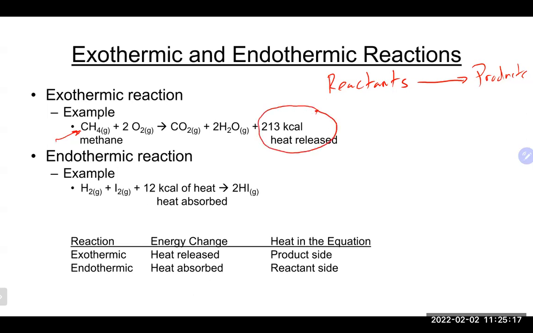213 kilocalories released. More importantly, when we look at an equation, sometimes people will write the actual energy into the equation. Not very often, but sometimes you may see it. If you do see it written into the equation, for an exothermic reaction it should be on the product side, the right-hand side of the arrow.